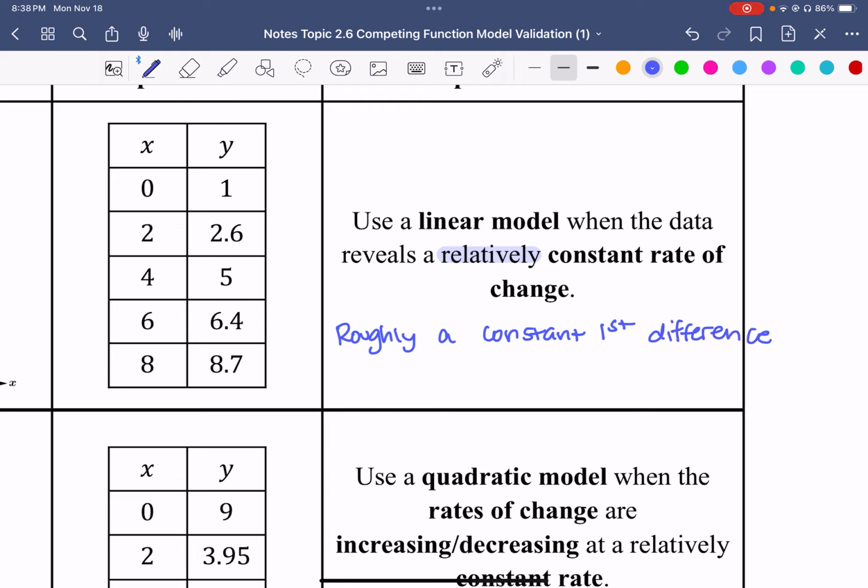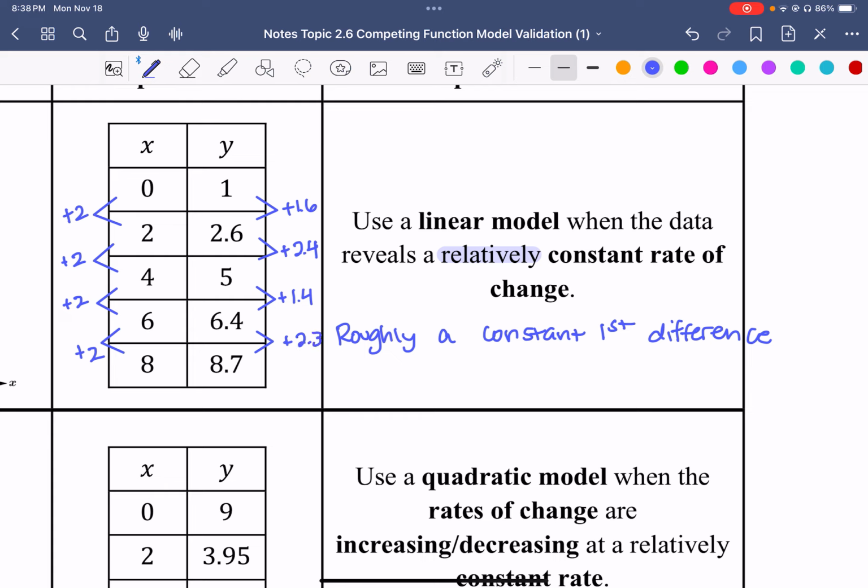So for example, if you look at the x values and then we look at the y values and see how they change, on the x side, you're adding 2 every time. And then on this side, you add 1.6. Over here, we're going to be adding 2.4. Here you add 1.4. And then here you add 2.3.